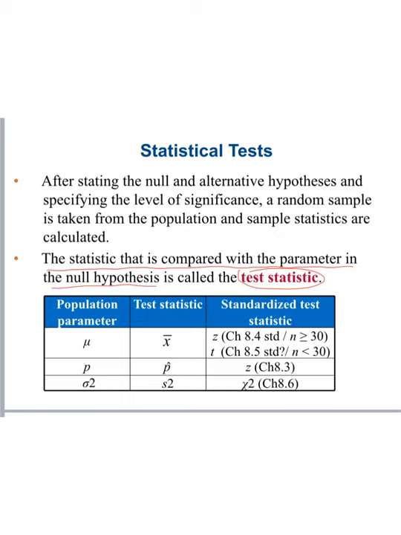For our purposes, think of the test statistic as what you're using to test the claim about the population parameter, such as the proportion. The proportion of the sample is going to be your test statistic, and we don't really need more than this for our purposes here.